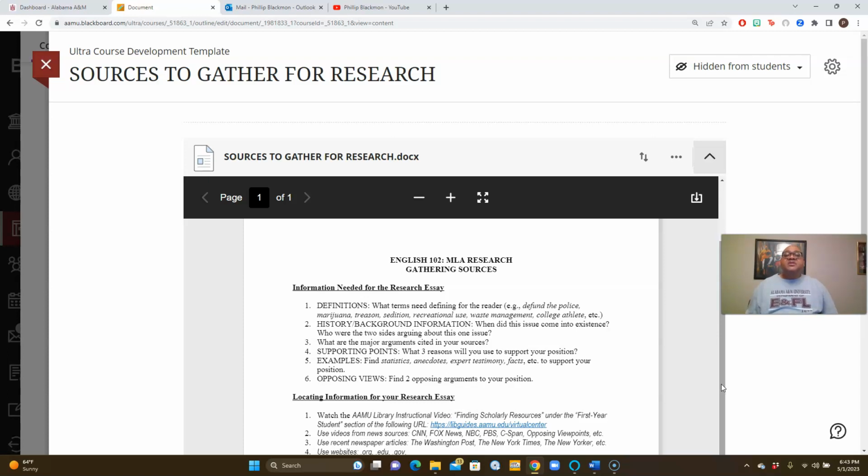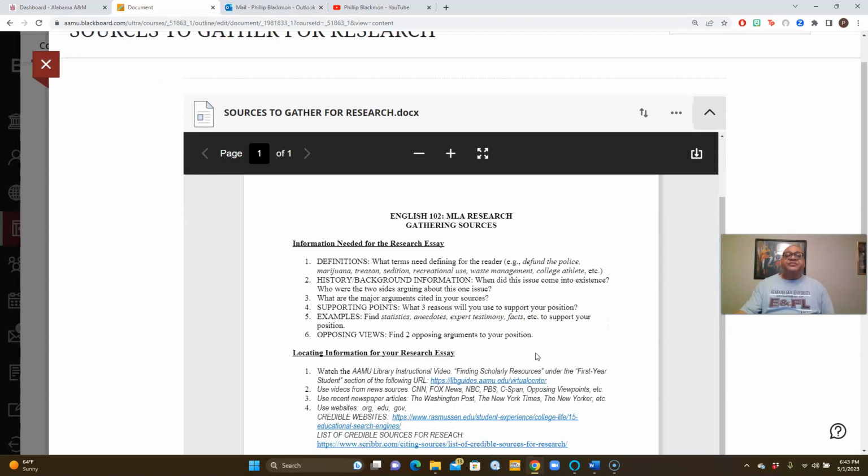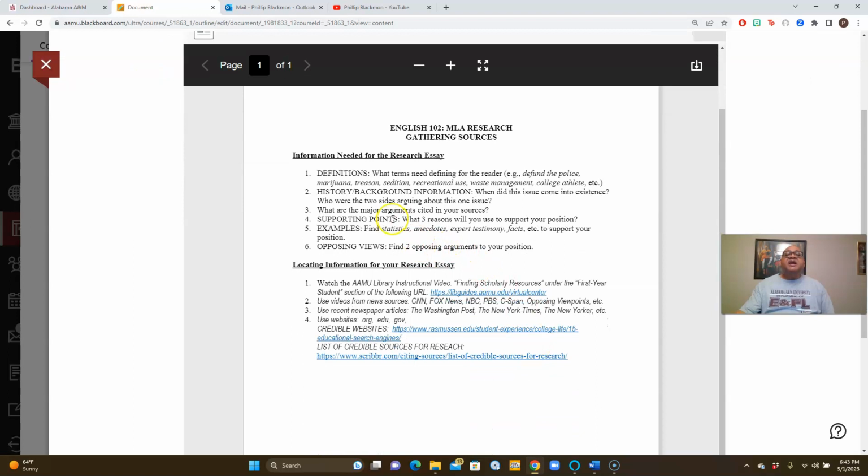So, what I want to do now is talk to you about what types of information you'll need for your paper. The first thing you need to do when you evaluate your sources, when you're gathering your sources, is make sure that there is definition.